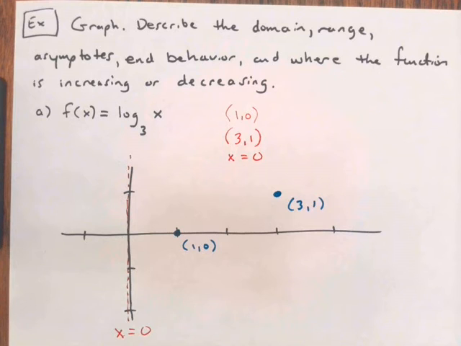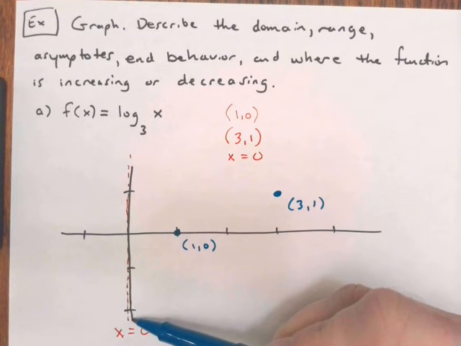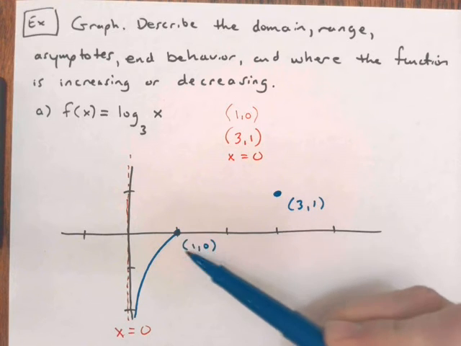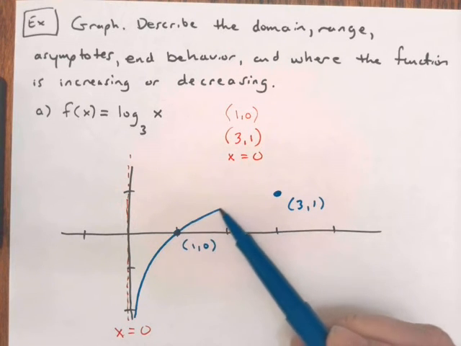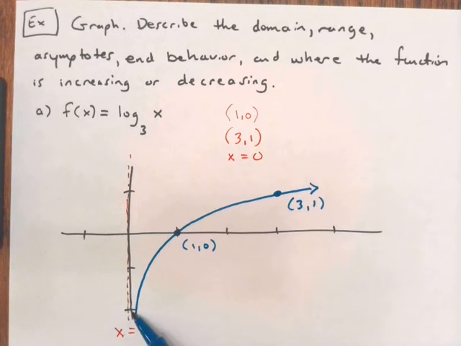For the shape of logarithmic parent functions, our graph will start just to the right of our vertical asymptote down at the bottom. It will go up through this first point, curve, and continue going up and to the right like that. So there's a reasonable sketch for function f.